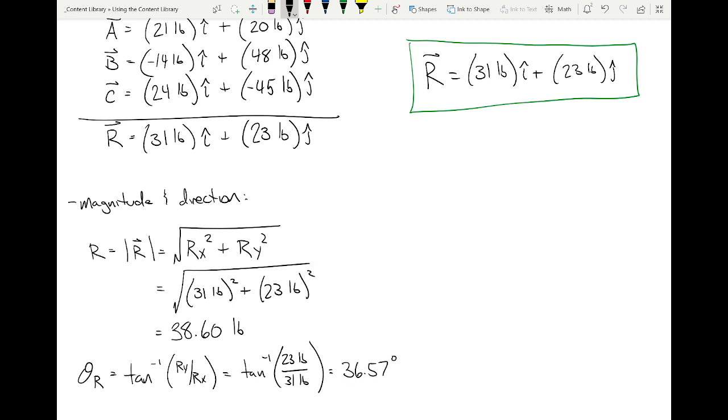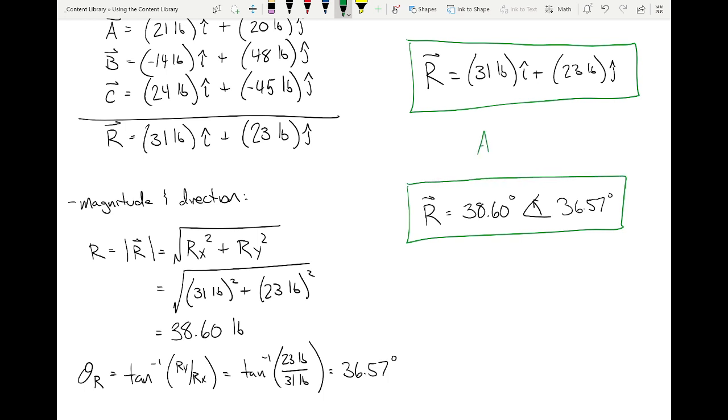So the big thing to keep in mind is that R can also be defined as 38.6 pounds at an angle of 36.57 degrees from the horizontal. So these are both the same thing, okay?